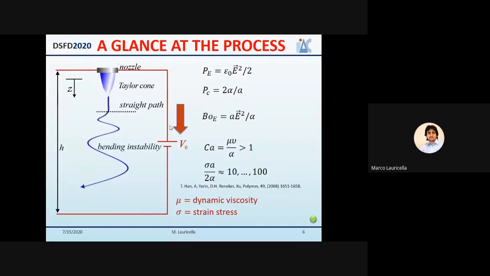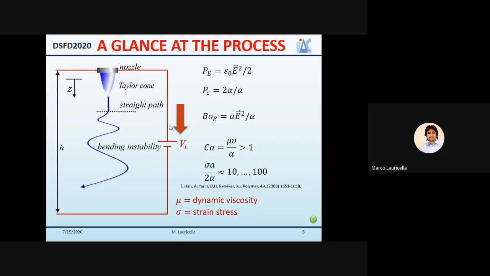We can observe that the polymeric fluid is strongly stretched by the external electric force, which is overcoming all the other possible force terms. For instance, if we compare the electric force just outside a perfectly conductive liquid droplet to the capillary force, we can observe that the ratio between these two force terms, also referred to as the electrical Bond number, takes a value larger than 1, usually larger than 10 in this framework.